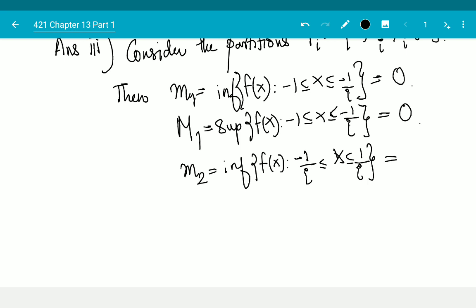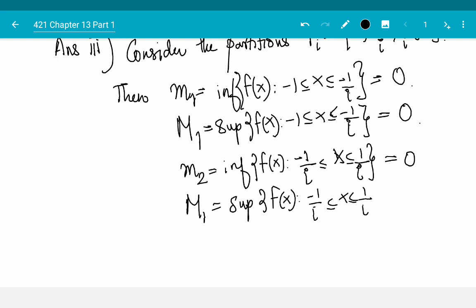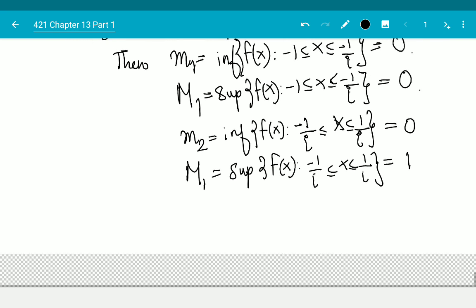The infimum on this interval, since this has negative numbers, is 0. The supremum on this interval, negative 1 over i smaller than or equal to x smaller than 1 over i, is actually 1.